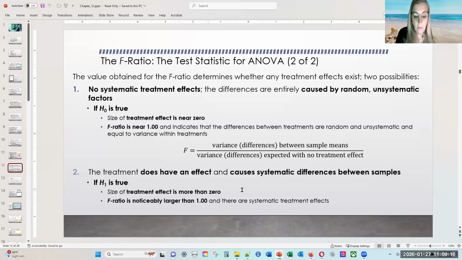All right. So then the treatment does have an effect and causes systematic differences between samples if the alternative hypothesis is true. So that means your F ratio is noticeably larger than 1. If it's only a little bit larger than 1, there's probably not enough difference or variance between your groups to really bring about significance, right? And so this would mean that the treatment effect is more than 0, if that makes sense.